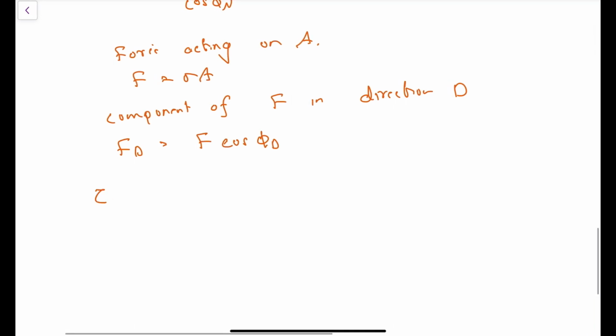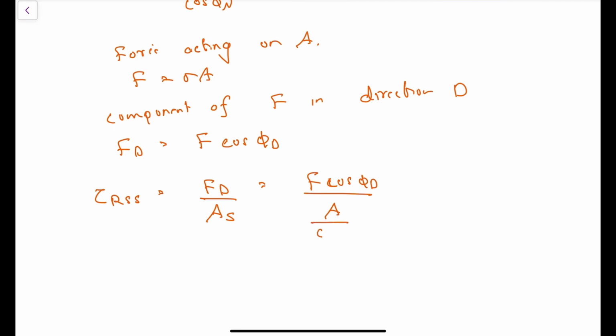So the resolved shear stress tau RSS is this force divided by the area of the slip plane, equal to F cos phi d divided by A by cos phi n, which is F by A cos phi d cos phi n.